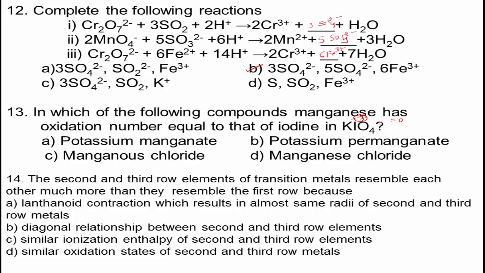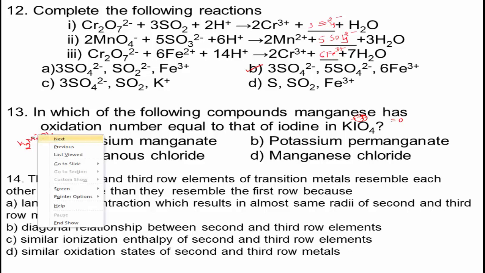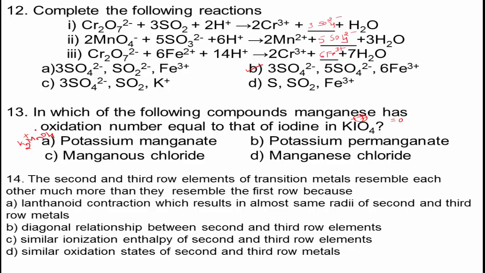Now, potassium manganate means K2MnO4. Here the manganese oxidation number is plus 6. Therefore this is not correctly matched. Here iodine is plus 7, but Mn is plus 6.